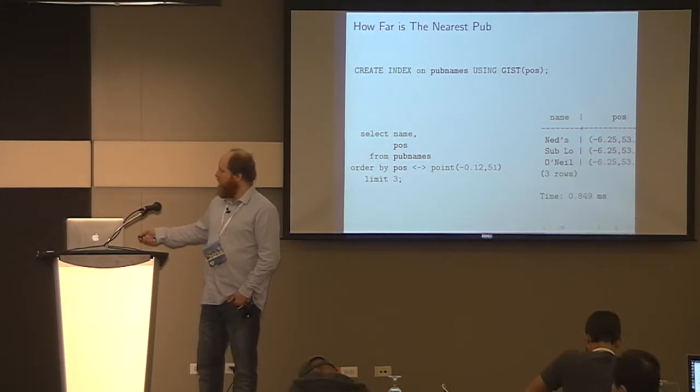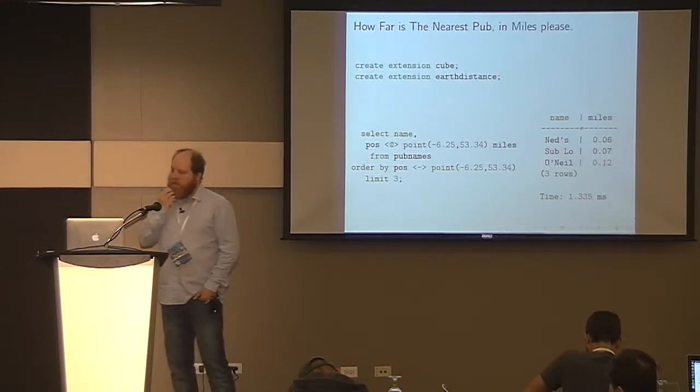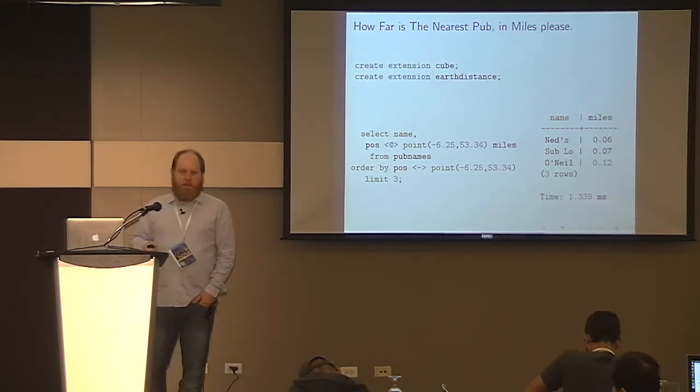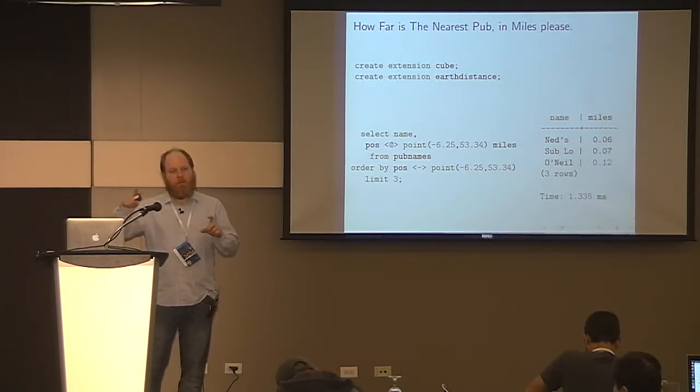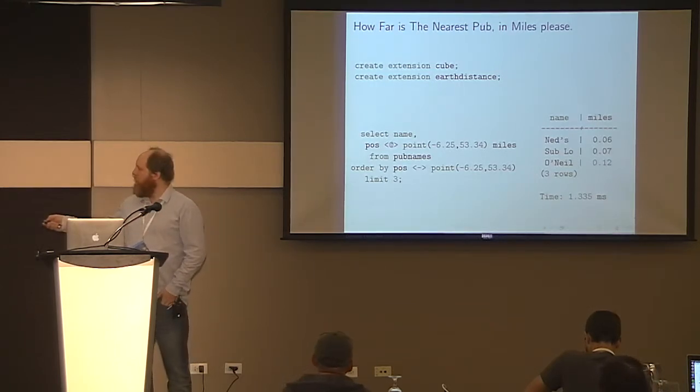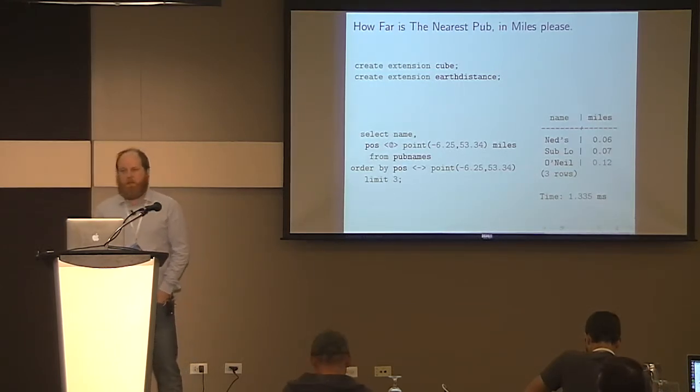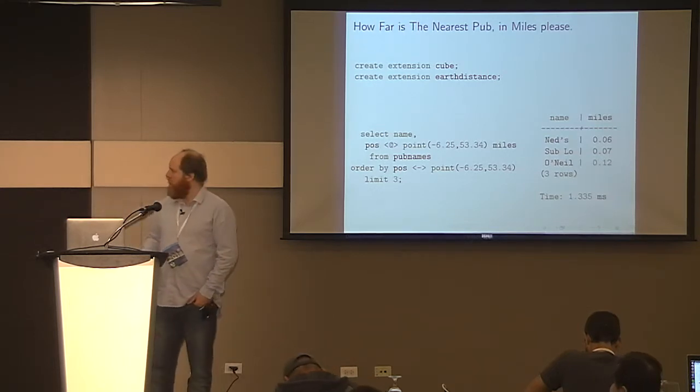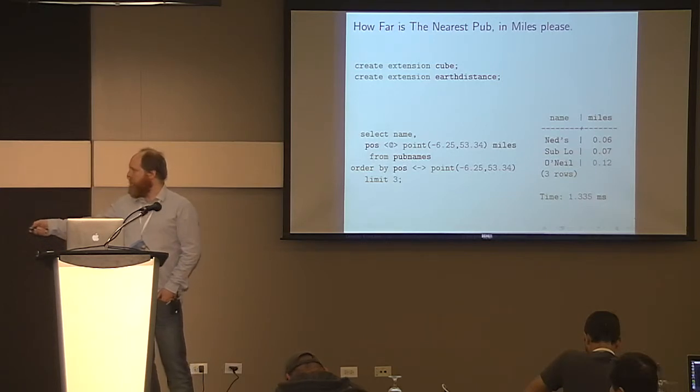But we still don't have the distance. So let's work on that. To have the distance on the Earth, you need to consider that the Earth is actually about a sphere and do some complex computation. And the extension earthdistance has been made for that. It returns the distance in miles. So here you see that we have two distance operators.